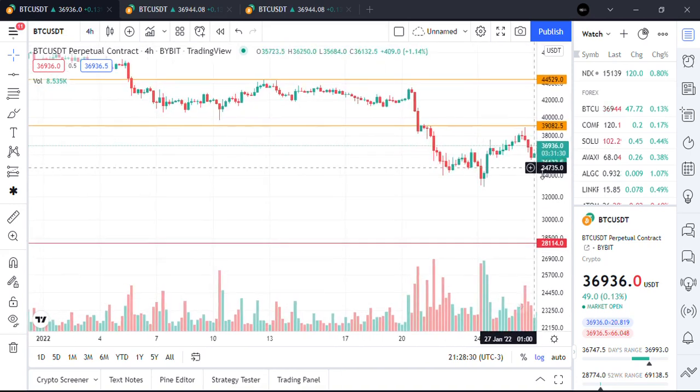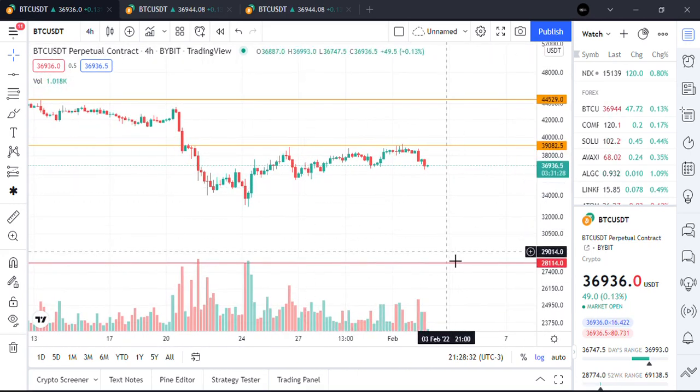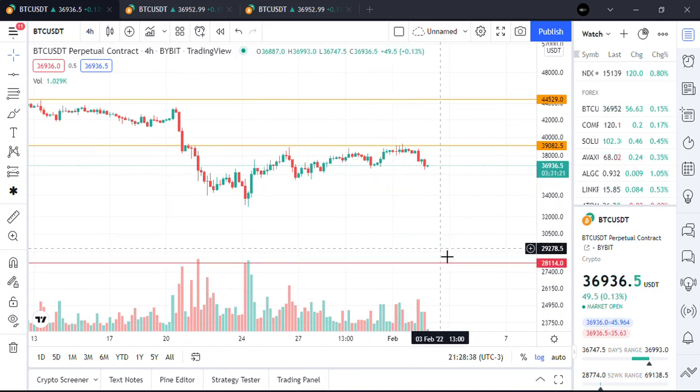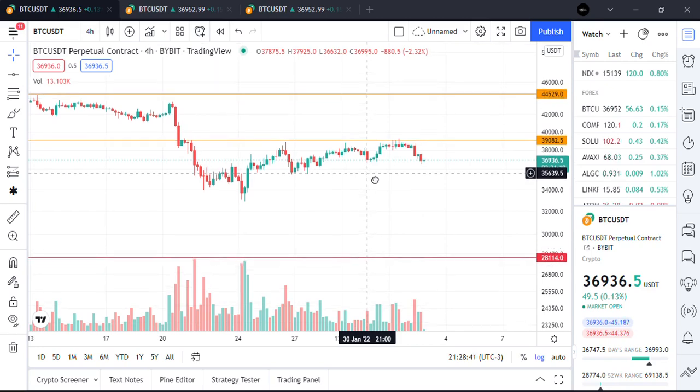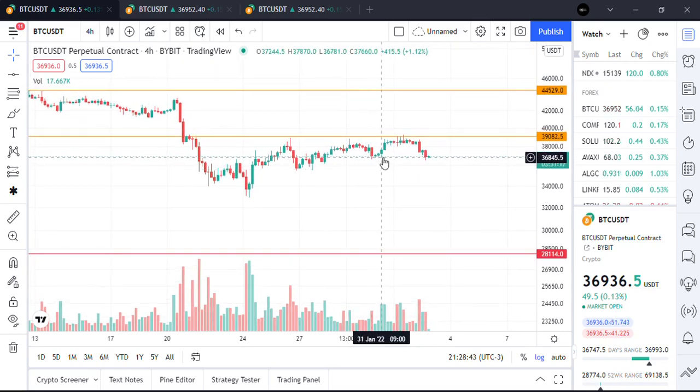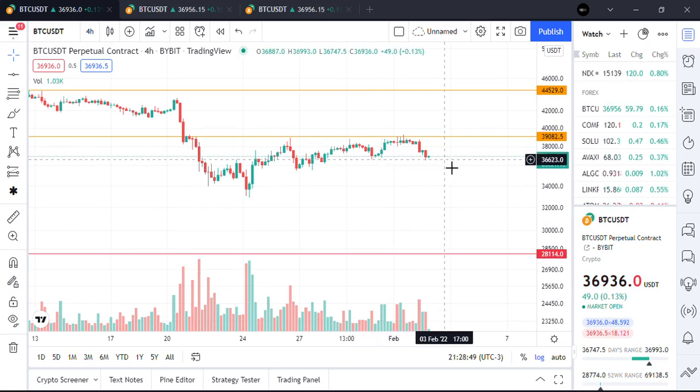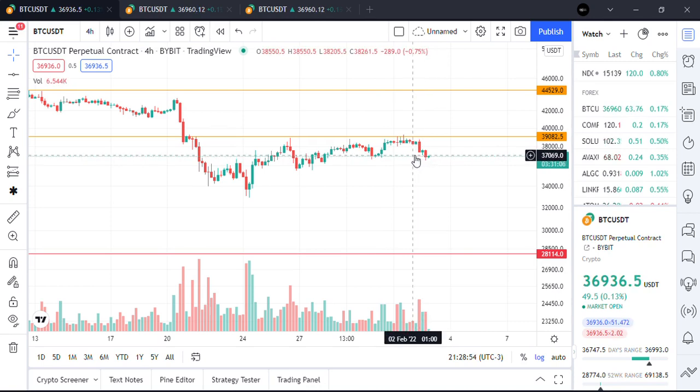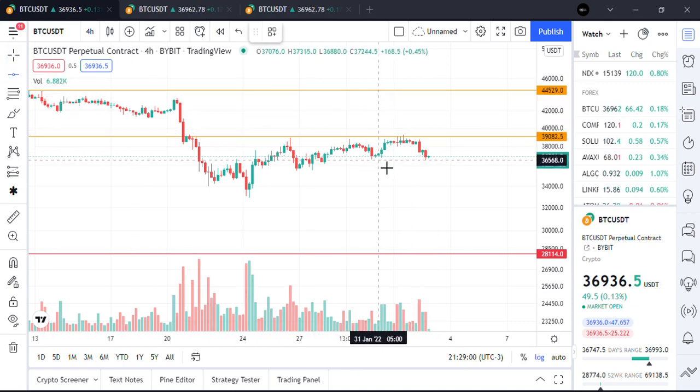So now price is going back downwards, and price might see this level. Let's see any support here. Any support. It's looking like a support. Okay, this is support. This level.